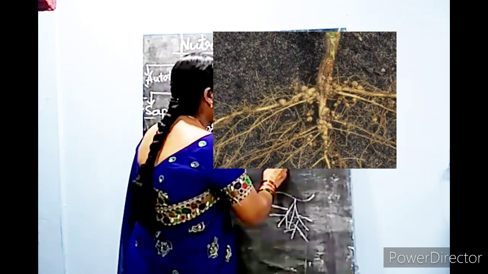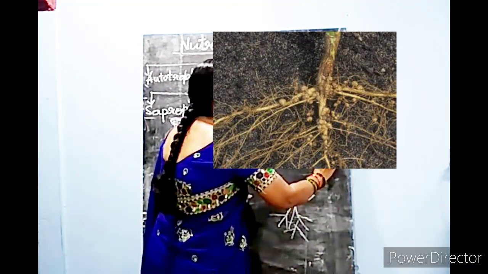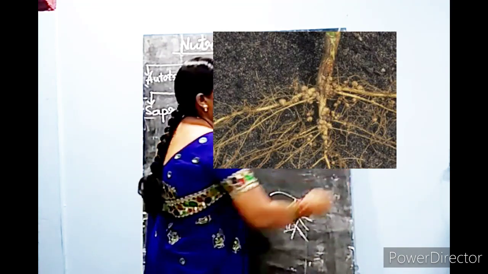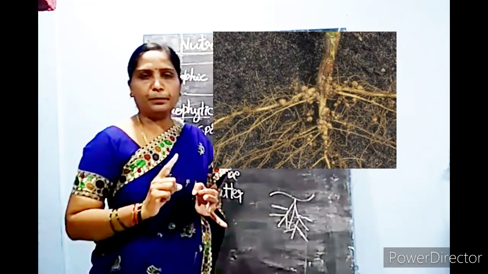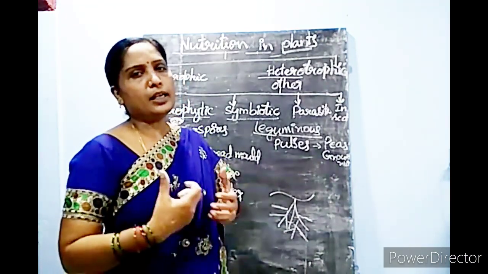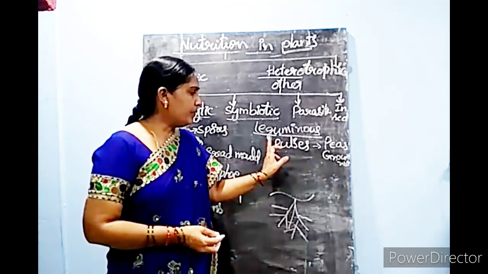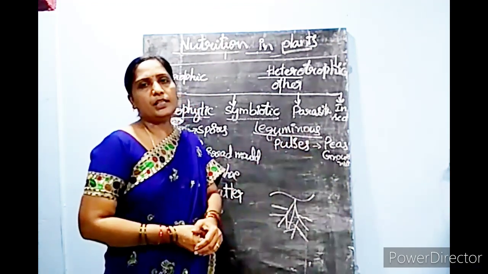Which plants can we say come under the pulses group? Like peas, groundnut plants, pea plants, black gram plant, Bengal gram plant and green gram. All this comes under the pulses family. So the pulses family is known as the leguminous family.